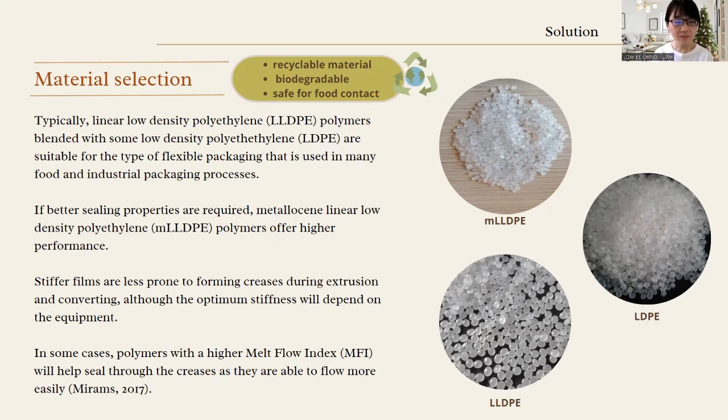Stiffer films are less prone to forming creases during extrusion and converting, although the optimal stiffness will depend on the equipment. In some cases, polymers with a higher melt flow index (MFI) will help seal through the crease as they are able to flow more easily.